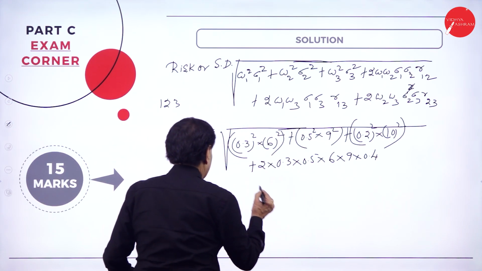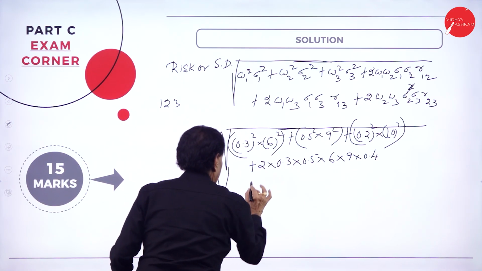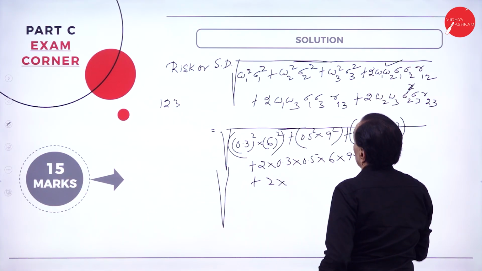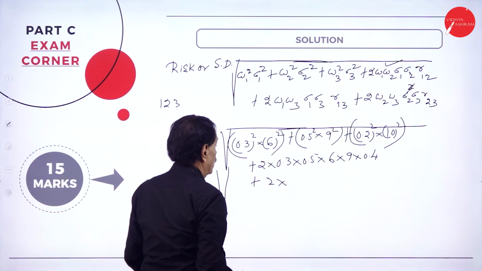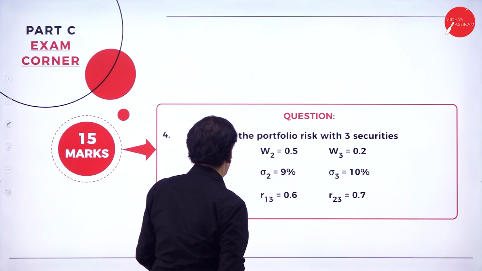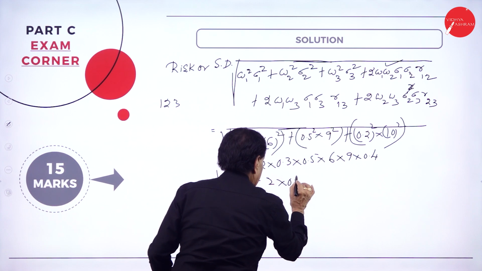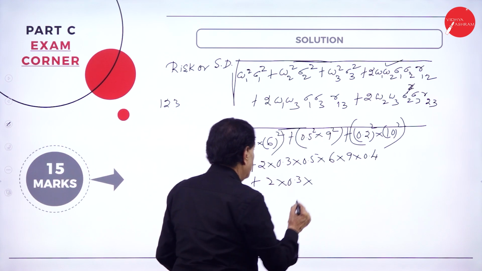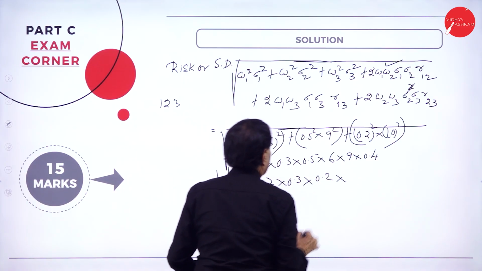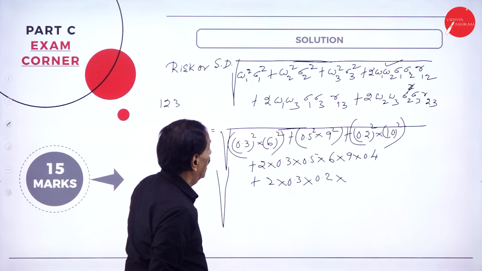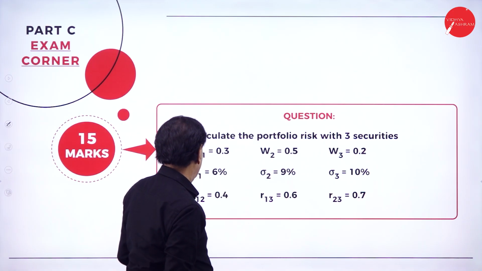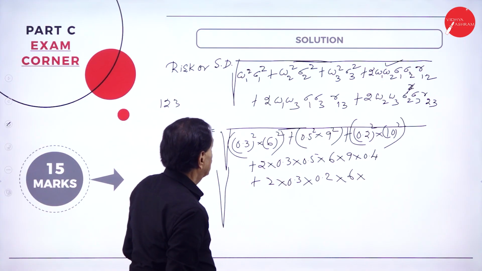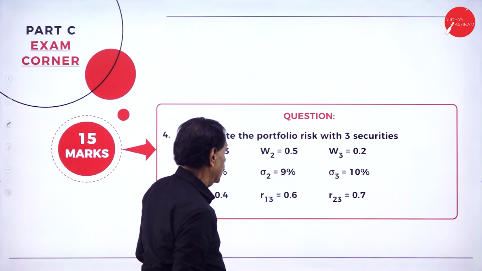Then plus, for 1 and 3: 2 into W1 0.3 into W3 0.2 into standard deviation 1, 6, into standard deviation 3, 10.